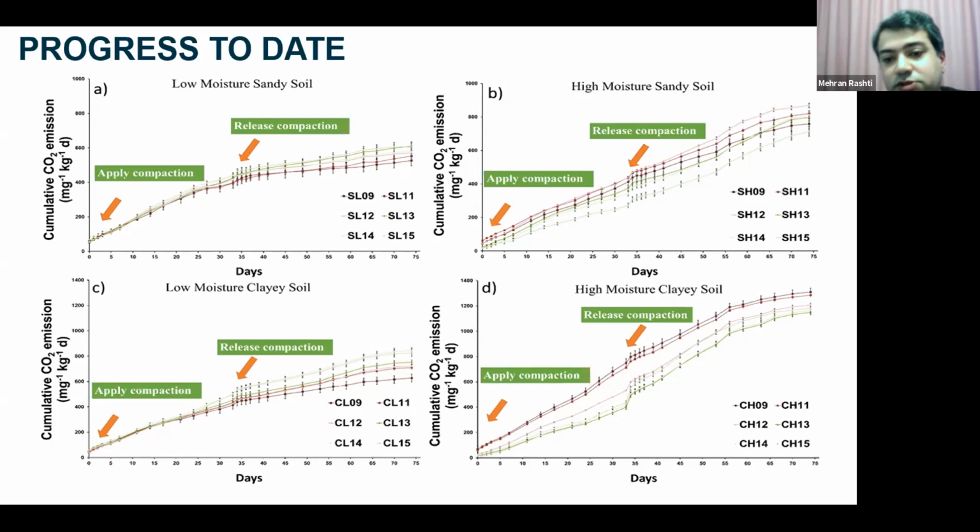But it is also different between sandy soil and clay soil. For example, if you look at a high moisture clay soil, from the beginning when you put in a stress, in the low compaction conditions there is resistance against the changes, so they can protect themselves a lot better.